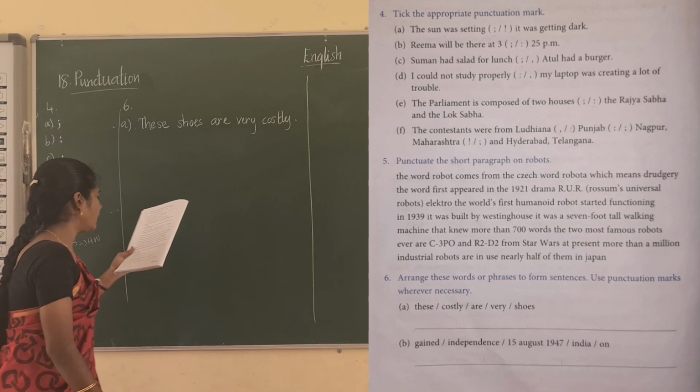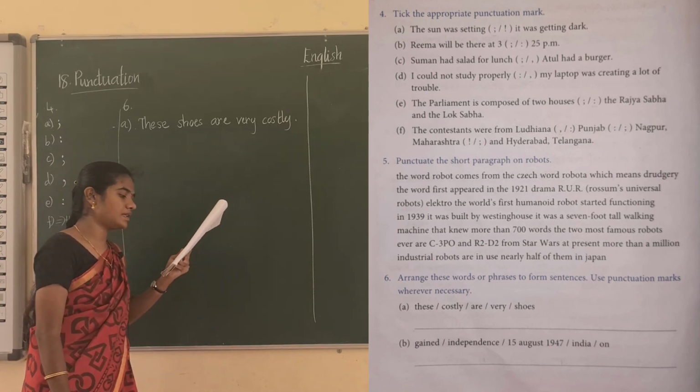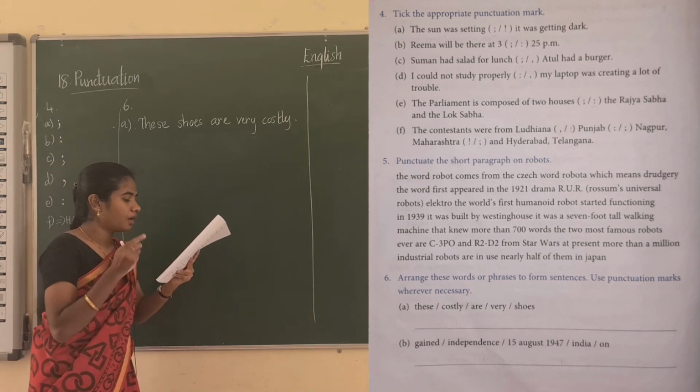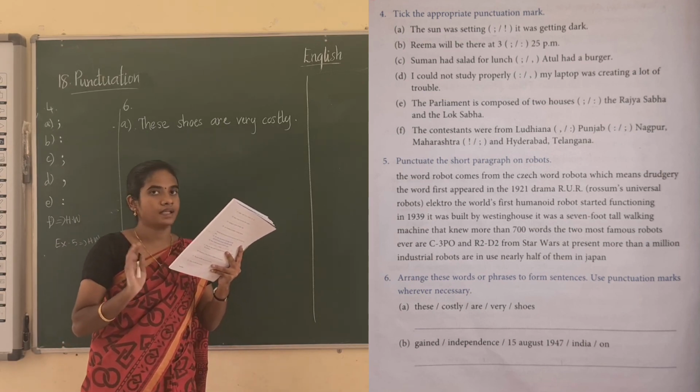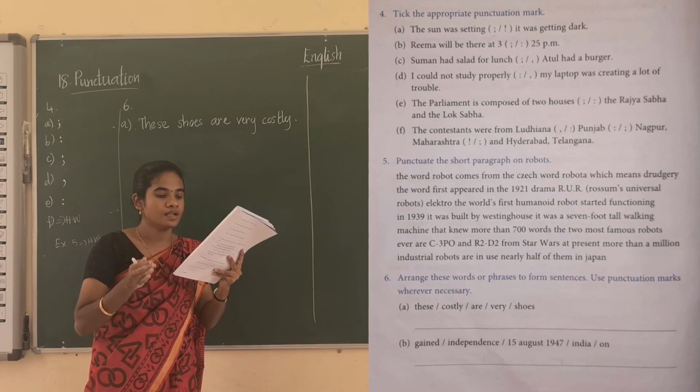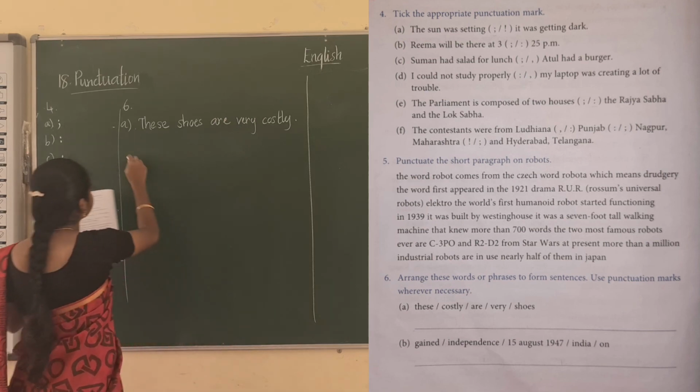See the next one. Gained independence 15 August India on. So the answer is: India gained independence on 15th August 1947. So we have rearranged the sentence.